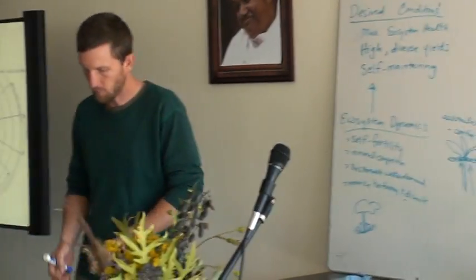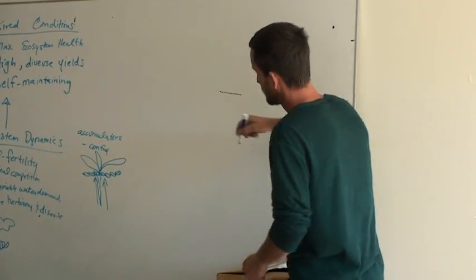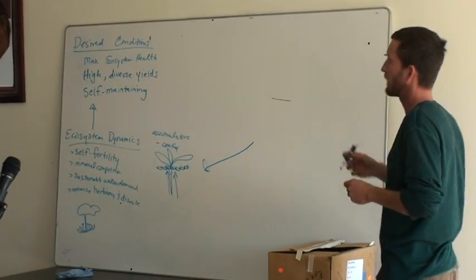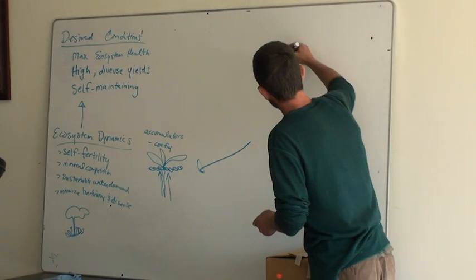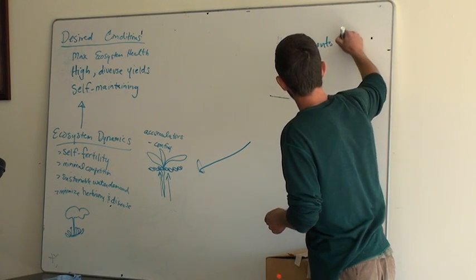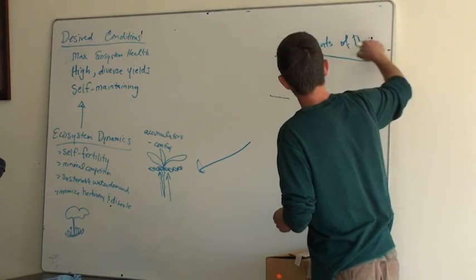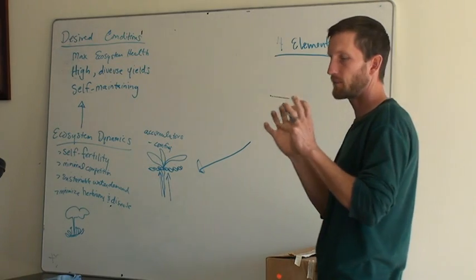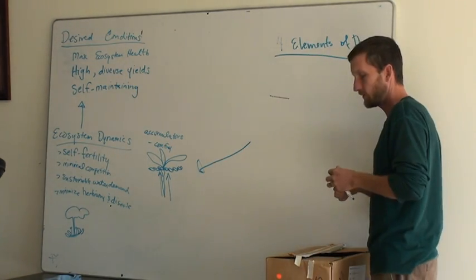The way to do that, and now we're going to get into the more exciting examples of how to do design, is a three-step process, the way I see it. Looking at the four elements of design, or the four pieces that have to fit together that make up a good design that has the best chance of achieving these things.